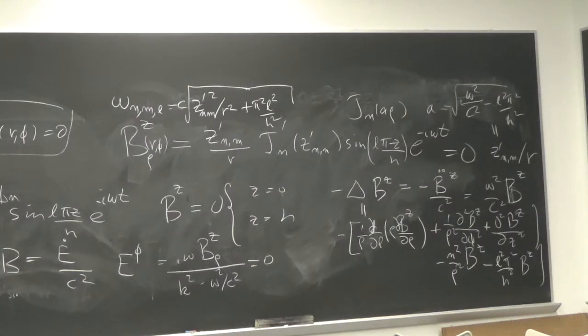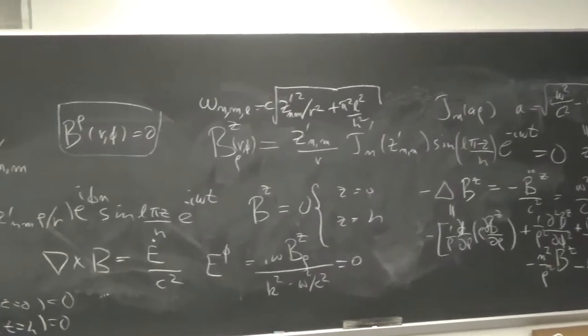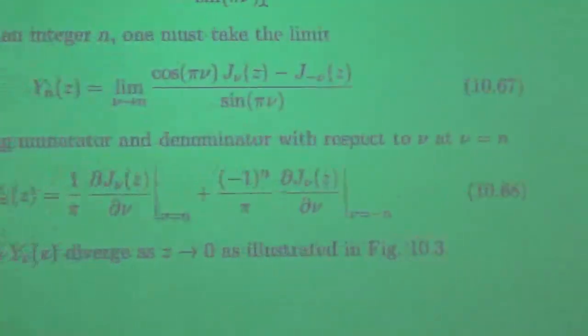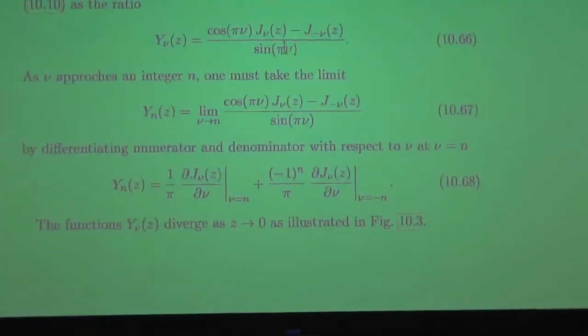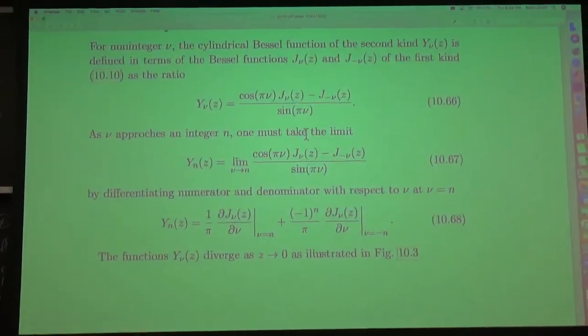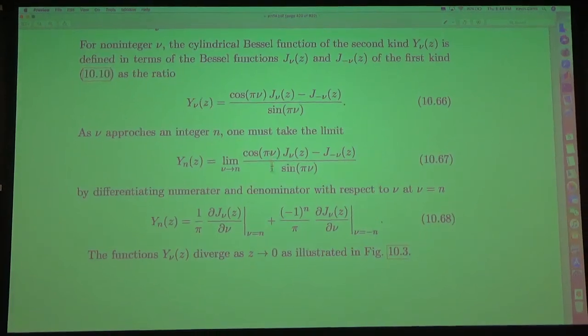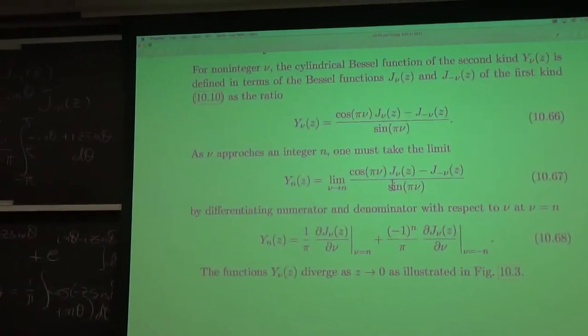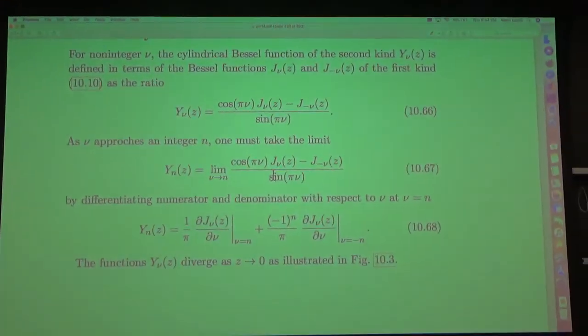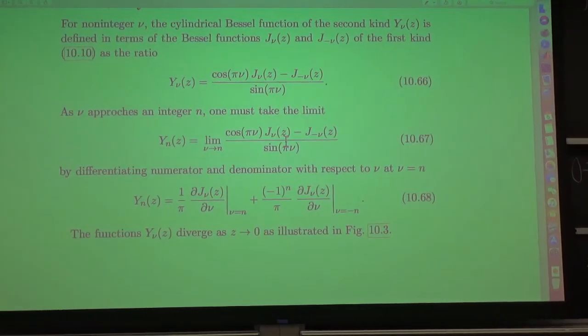I might go back to this definition. The Bessel functions of the second kind are given by this formula here. And when nu approaches n, we have 0 over 0. And so you have to differentiate the numerator and the denominator and take the ratio.